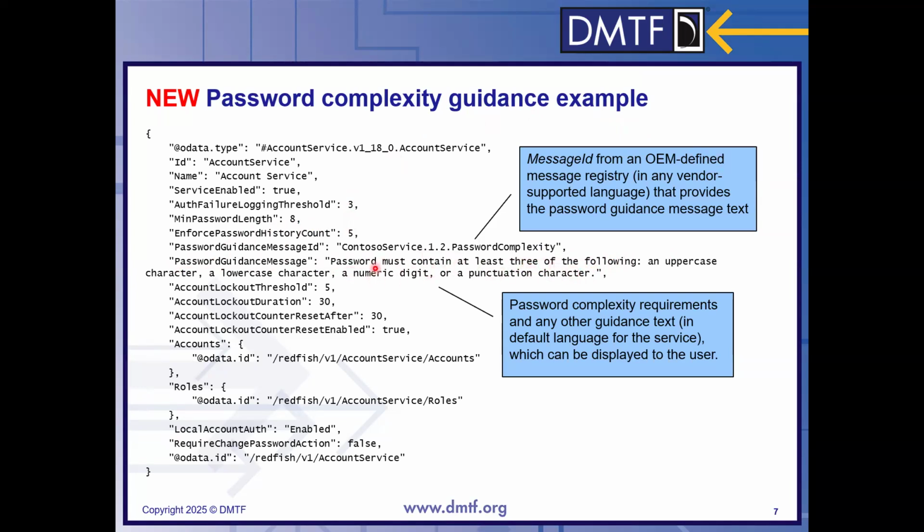So describing those rules in human speak, and then the guidance message ID is here pointing to this OEM defined Contoso service message registry and giving the ID called password complexity. So someone can look this up or an application can look that up in a registry and then can use the registry methodologies for applying different language support.